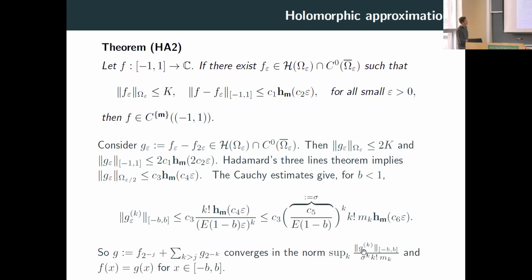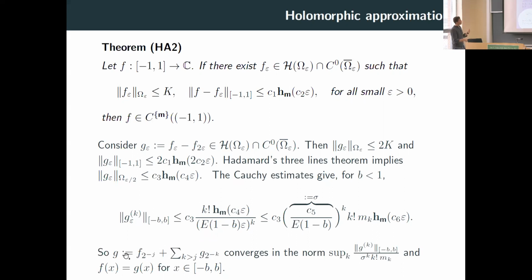I put it here. And since I still have this hm on the right-hand side, and hm goes to 0 as epsilon goes to 0, I see that this sum converges in the norm topology with respect to this norm. So it gives me an element in this space where you have to replace the interval by the interval minus b, b, and you can take the closed interval.